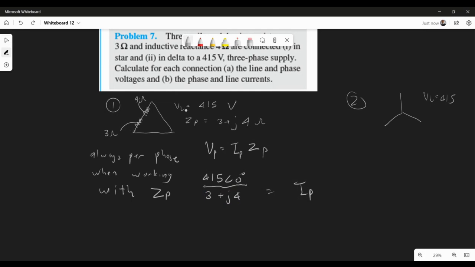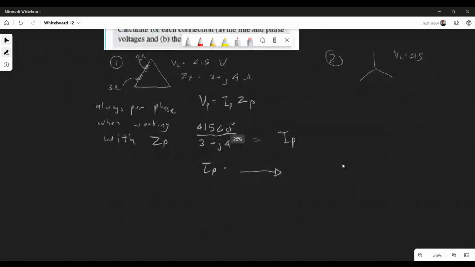Remember the relationships between line and phase voltages and line and phase currents. So let's work out the phase current here. Obviously that's in complex numbers, and I'll have V line, V phase, and then I line and I phase. Okay, let's work it out.